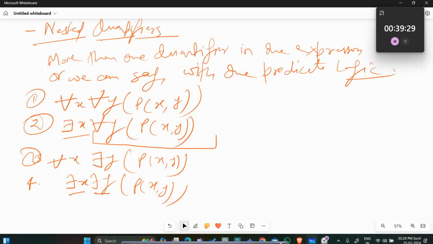So how do we say it? For all x, there exists some y for which p(x, y) holds true. That's how we read this.